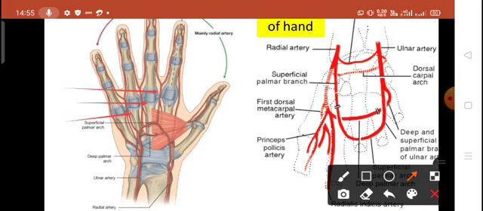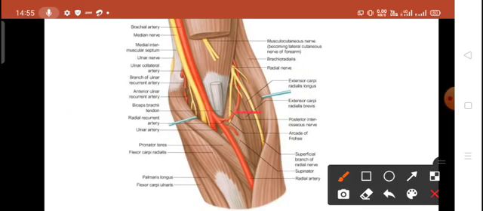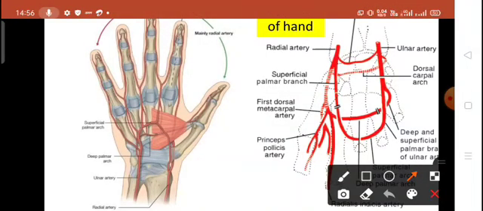The first common digital artery divides into two proper digital arteries and supplies the lateral side of the little finger and medial side of the ring finger. Then the second common digital artery divides into two proper digital arteries, which supply the lateral side of the ring finger and medial side of the middle finger.